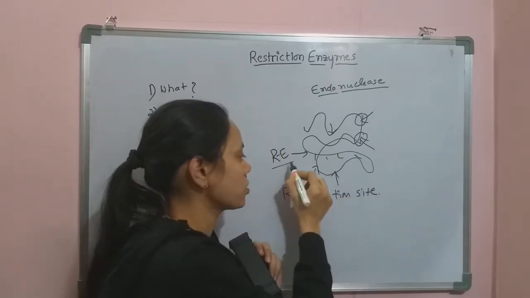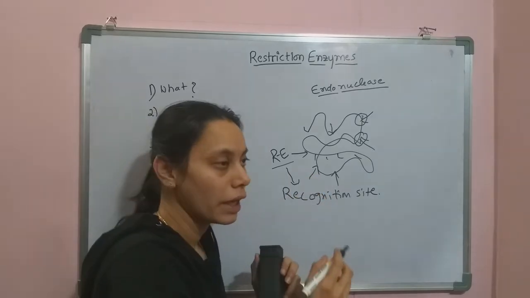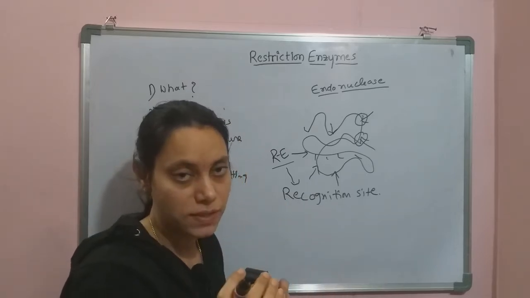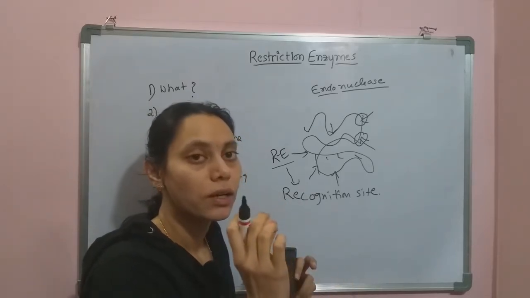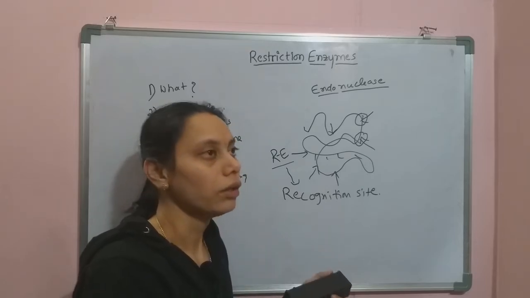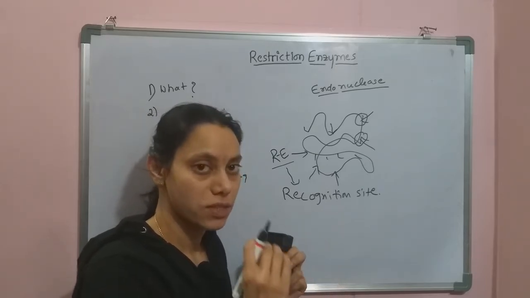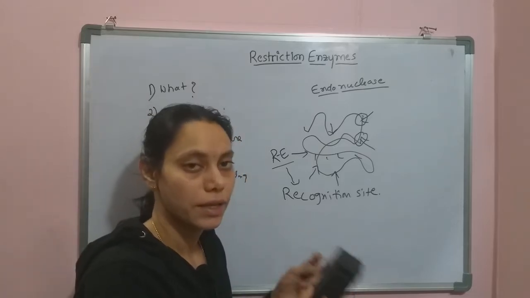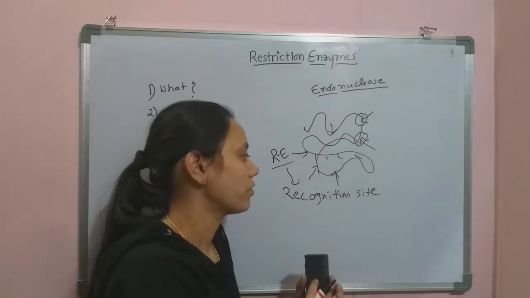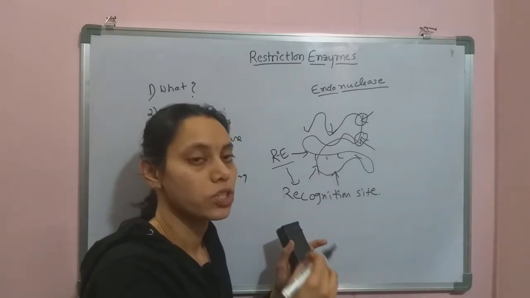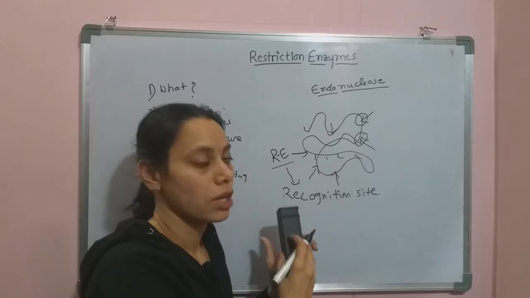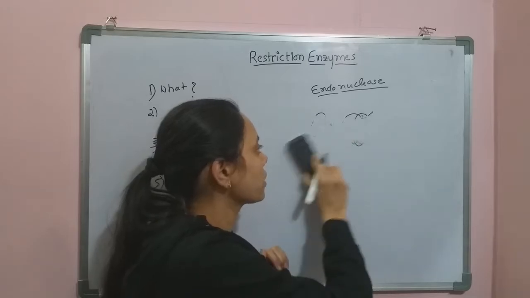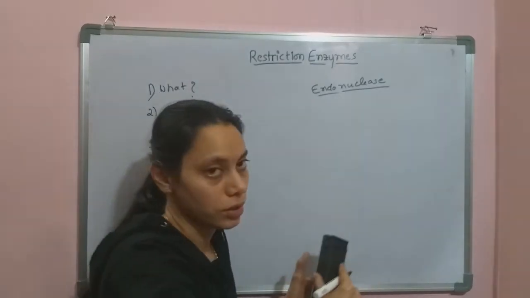So for every restriction enzyme there will be a recognition site. It will bind with the DNA and look for the recognition site, that means a specific sequence of the DNA, and at this specific sequence it makes a cut. So that is what a restriction enzyme is. These are basically endonucleases, that means they cut DNA from the middle.